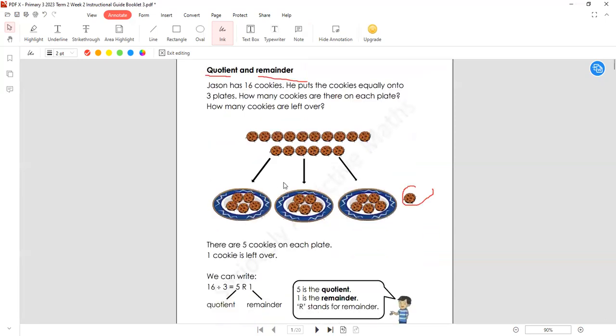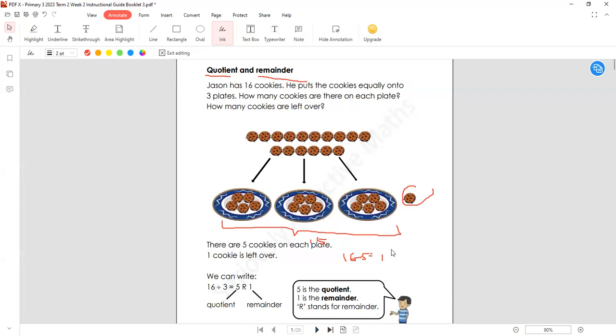So that will be 16 divided by 3, isn't it? 16 divided by 3 plates. But 16 cannot be divided by 3, so they have to try. That means if they put 1 by 1 here, you will find that you can only put 5 cookies on 1 plate, and this adds up to 15. But there are 16 cookies, that means there's 1 left over, right? 16 minus 15 equals 1.